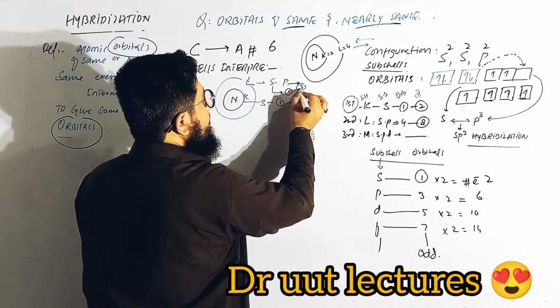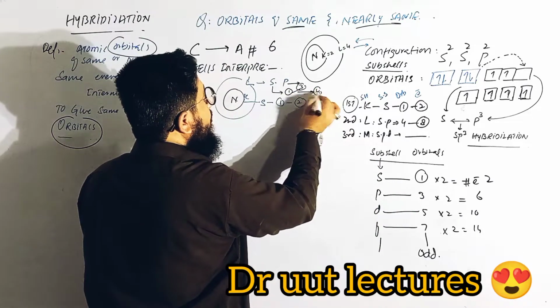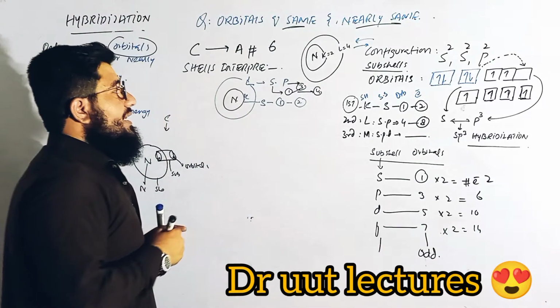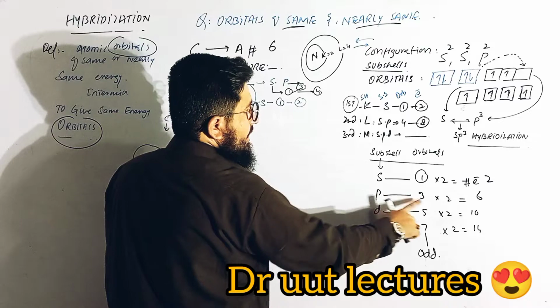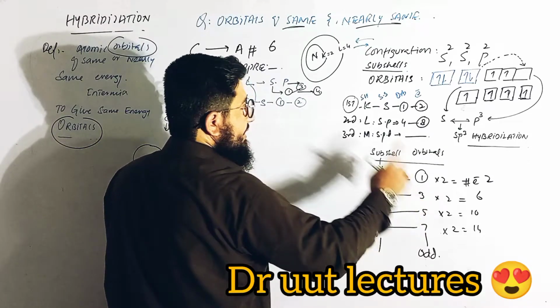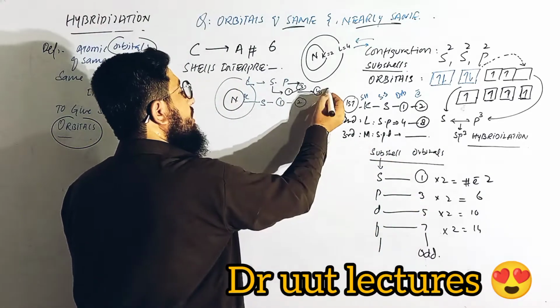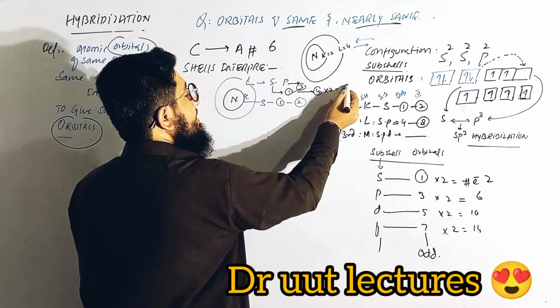So the total becomes how many? 4. So 4 orbitals are in the L shell for now. So what will happen now? 4 orbitals, and in each orbital we have 2 electrons. So 4 multiplied by 2 equals 8.